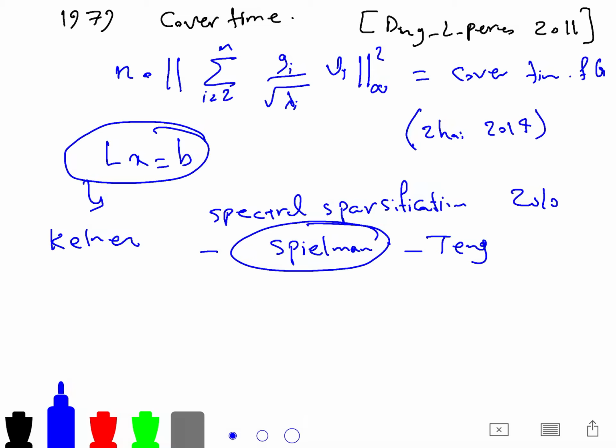But I try to, for example, classify the survey that I want to talk about into graph regularization and graph embedding. And also I will talk about it in a different setting, as either transductive or inductive.